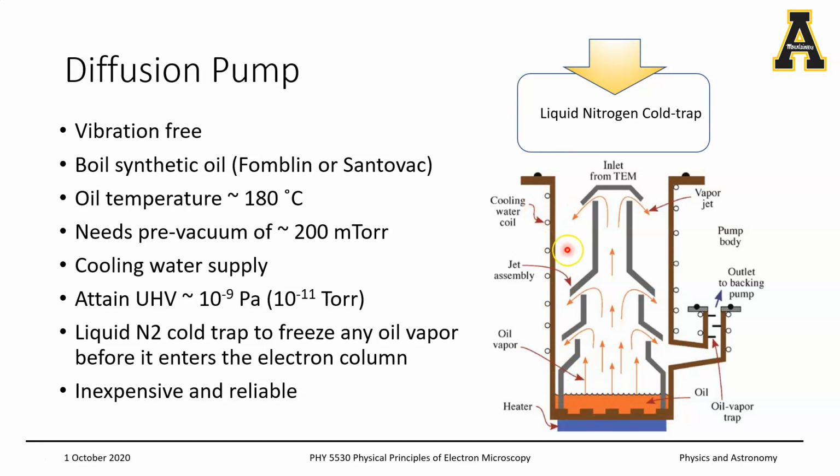Now the inner walls of the diffusion pump are kept cold with water cooling coils that are wrapped around it. So the air molecule along with the oil molecule immediately condense, and then they drift down back into the reservoir where you have the oil, and that is heated back up and the process continues.